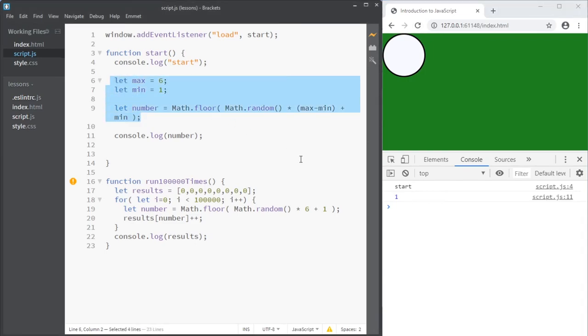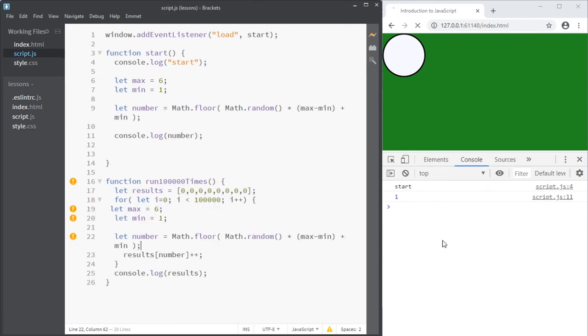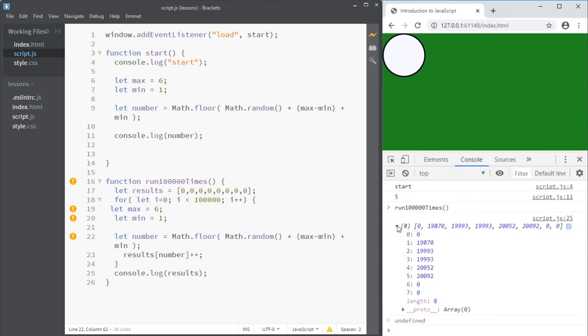So I'm going to copy these lines of code into my run 10,000 times test and run it. And oh, there's a problem. I don't get any 6s, but I get a lot more 4s and 5s. Oh, not a lot more. I only get from 1 to 5.